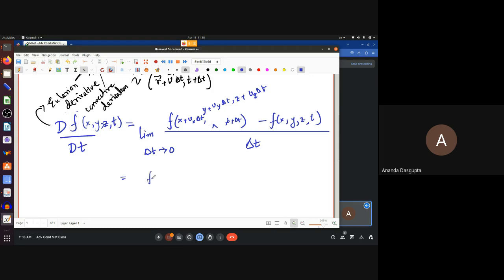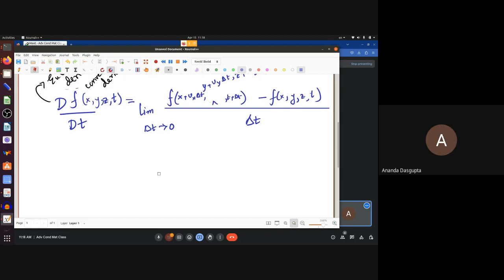It's basically f at x plus, so let me just write this out separately. What we have is f at x plus vx delta t, y plus vy delta t, z plus vz delta t, and t plus delta t.